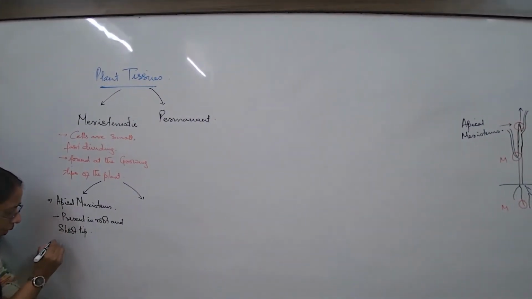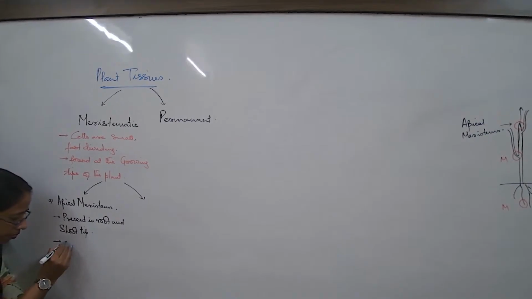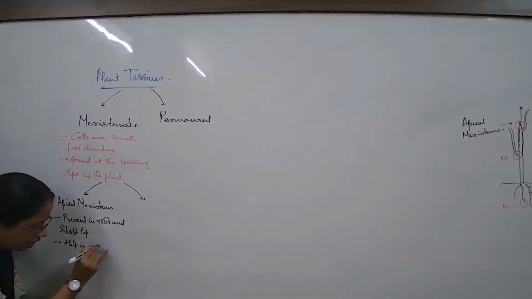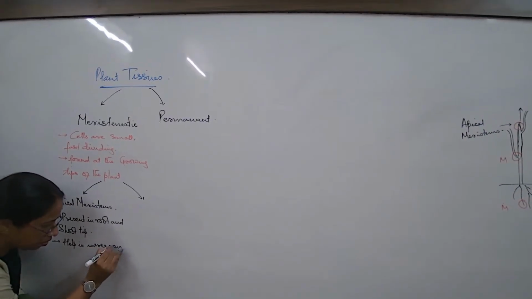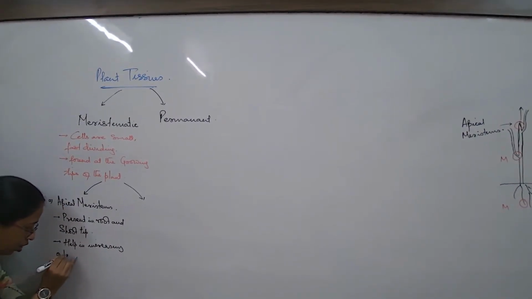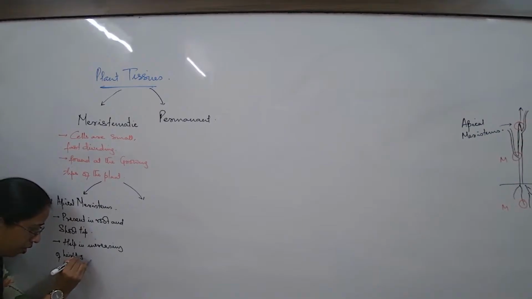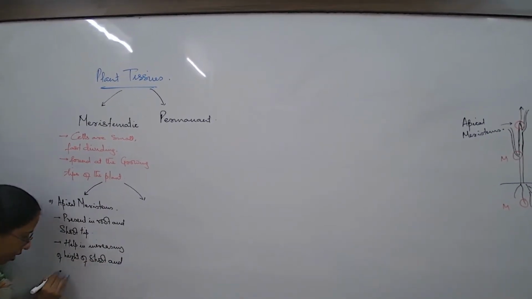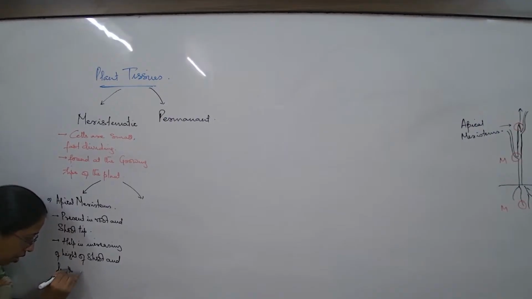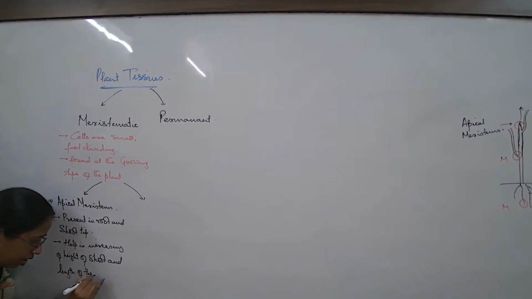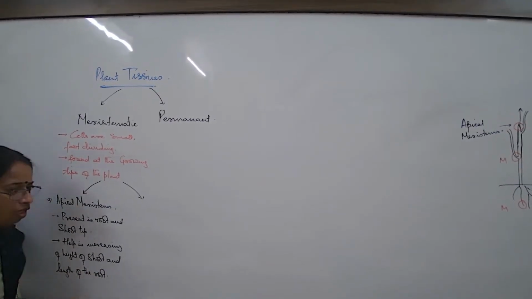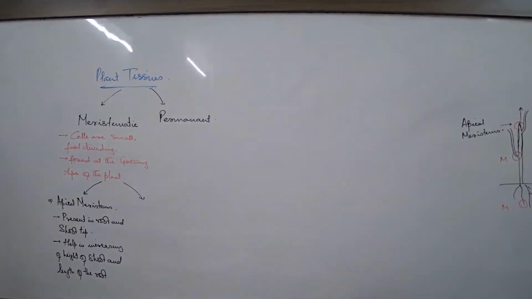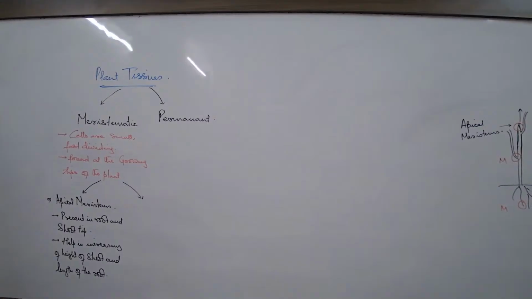What is the function of the apical meristems? Apical meristems help in increasing the height of the shoot and the length of the root. What is the job of this apical meristem?